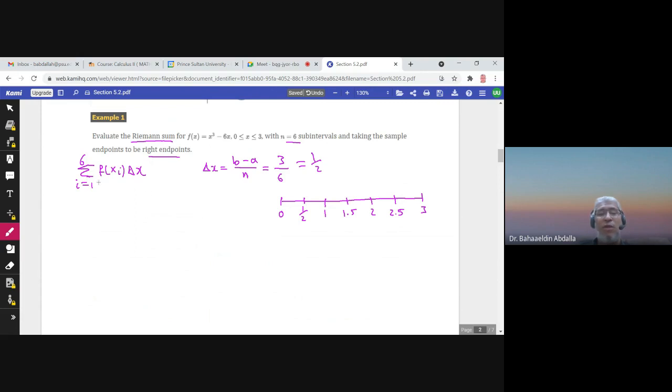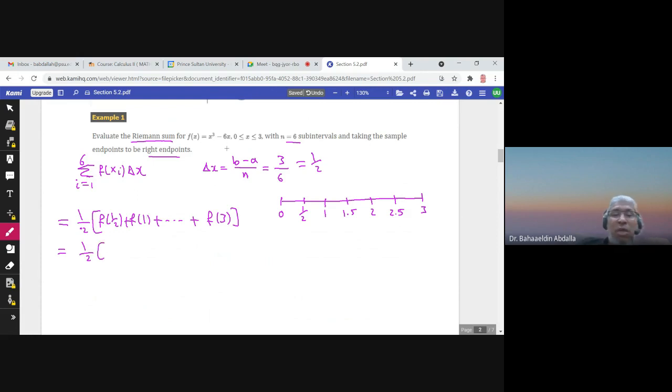So this sum would be equal to delta x, which is half, taken outside. Now, f of the right endpoints, f of half, plus f of 1 up to f of 3. The function is this function. So half times, find f of half.